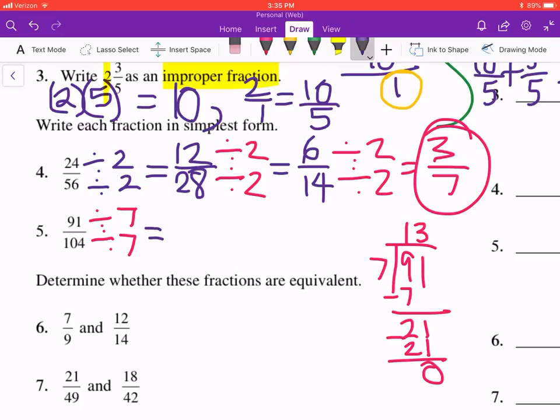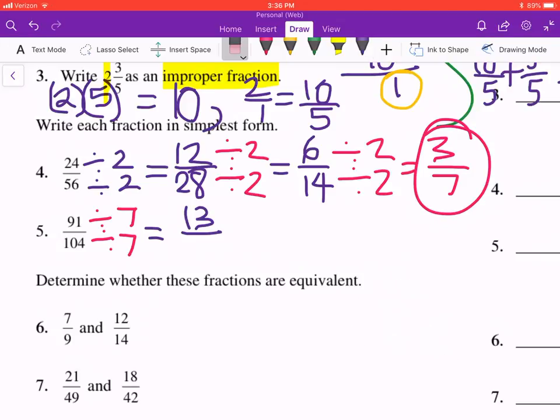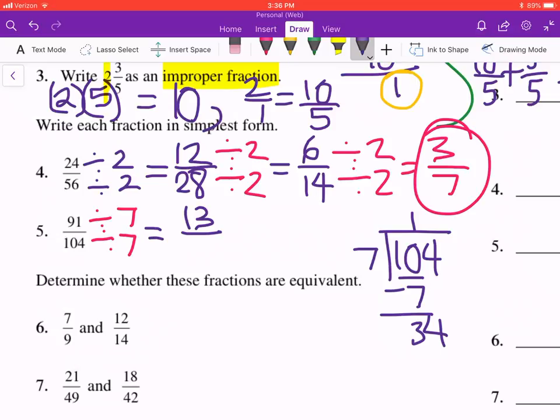We already know that 91 divided by 7 is 13. Now let's check 104 divided by 7. 7 goes into 10 one time. 1 times 7 is 7. We subtract, 10 minus 7 is 3. We drop the next number, which is a 4, and that is not going to work. So then this is not going to work.